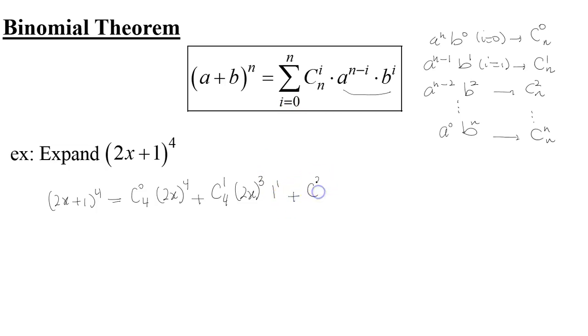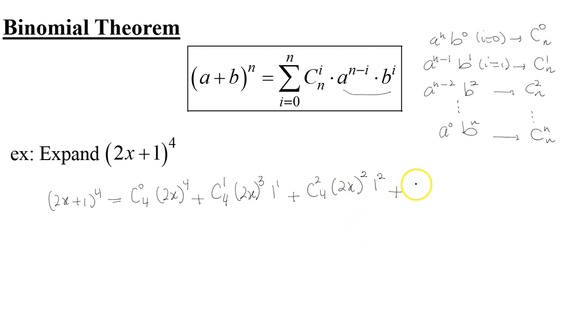So plus C2 out of 4 times a, with the exponent decreased by 1 again, so that becomes squared, times 1, with b having its exponent increased by 1.